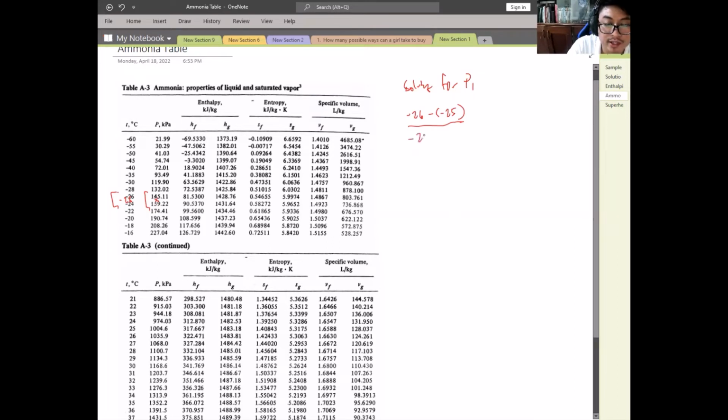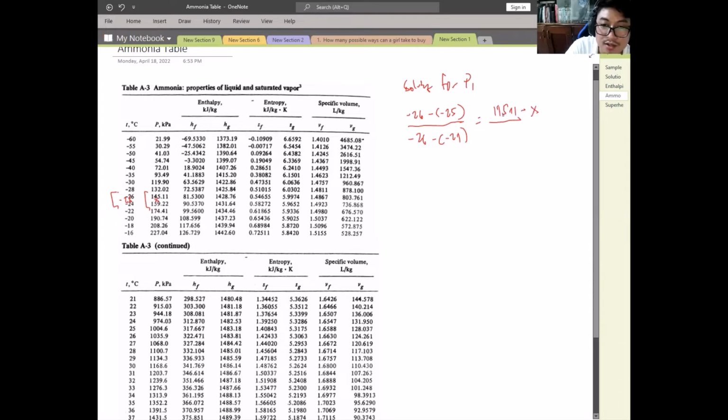Then negative 26 all over the lower limit, negative 24. Kahit may jumble-jumble yan, basta magkakatapat yung magkakatapat. Katapat ng negative 26 doon sa pressure is si 145.11, minus katapat negative 25 is si x.